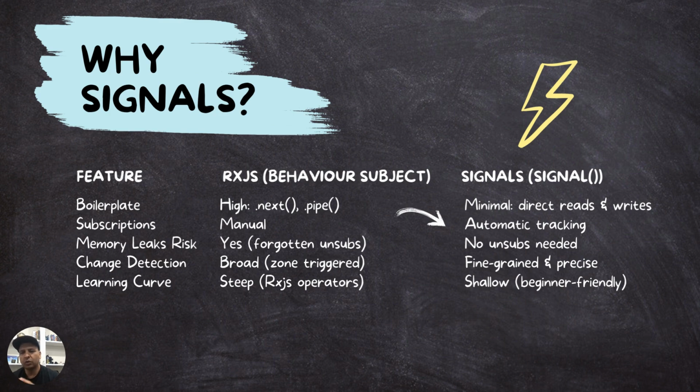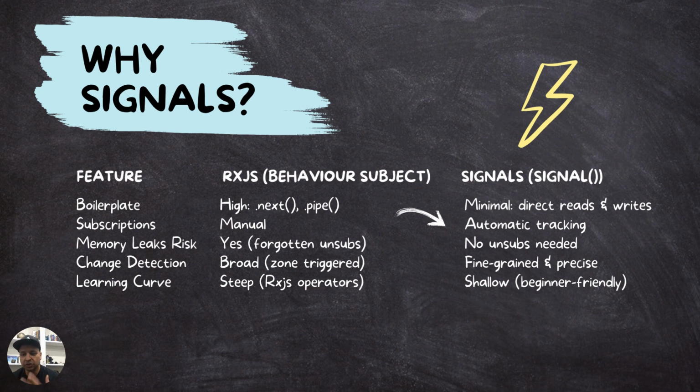Also, there is no need to manually unsubscribe. You don't need an async pipe, and you rarely need to call ChangeDetectorRef or the detectChanges function, because Angular knows when and where changes happen. So in summary, signals let you write simpler, cleaner, and more performant code, especially for local and UI-bound state.